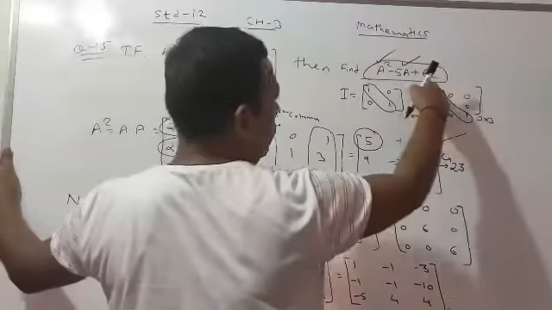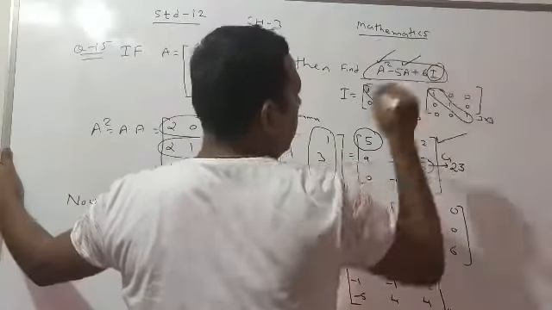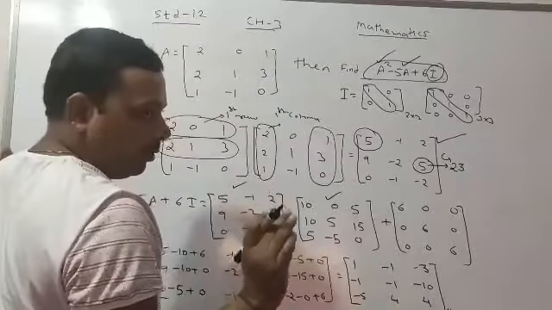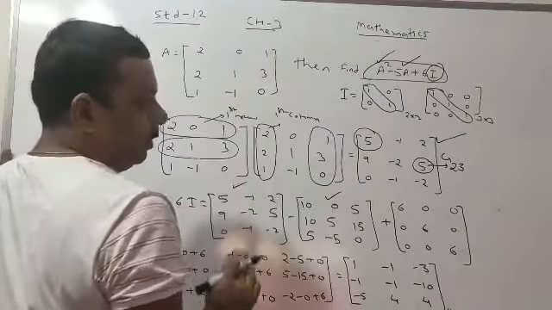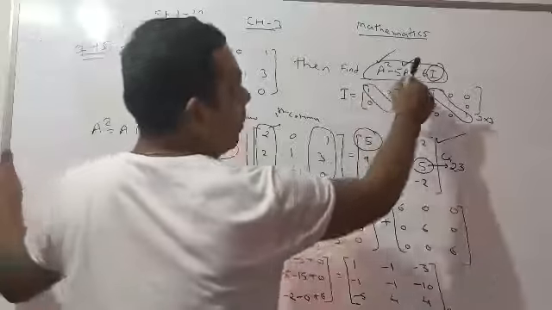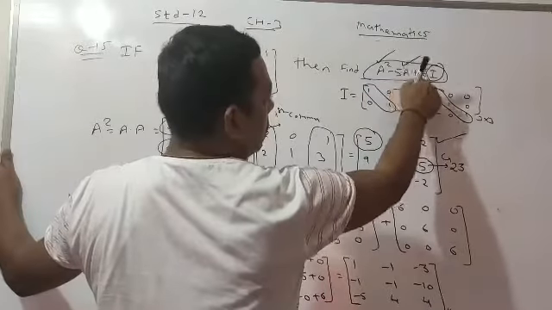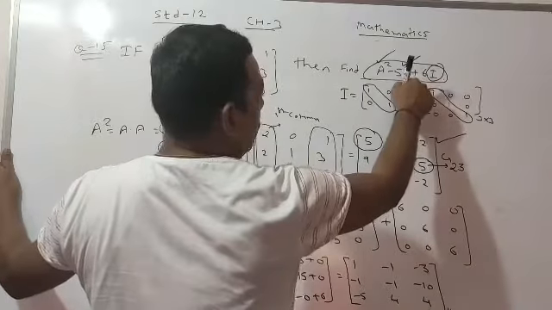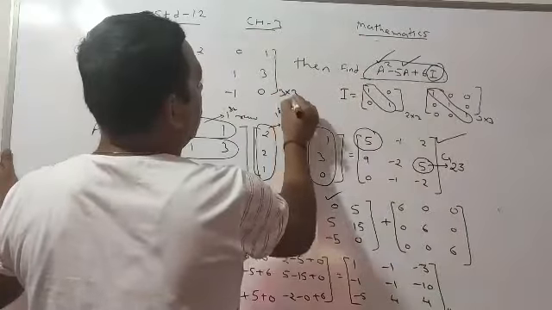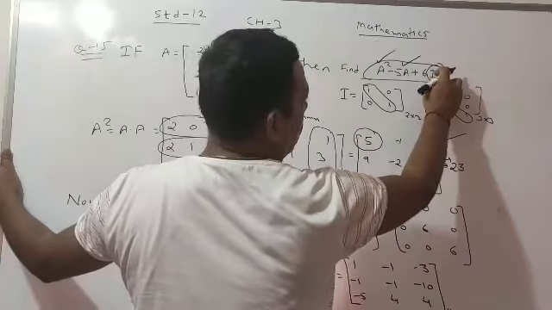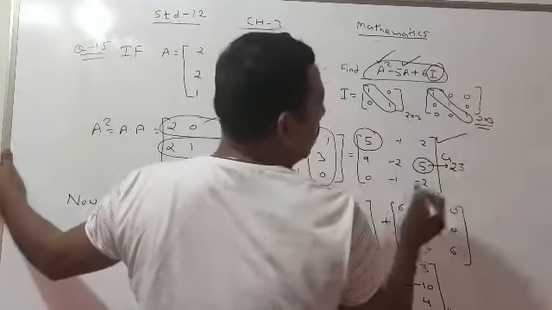Now as I told you, I means the identity element. It's a question of common sense. Here we want to add these matrices, so if A is 3 by 3, then the identity is also of order 3 by 3.